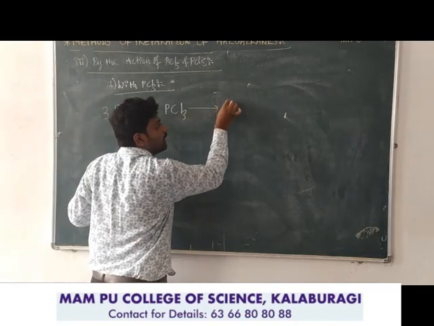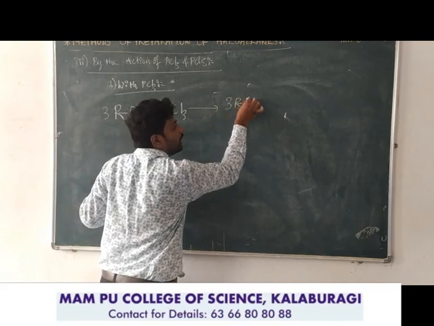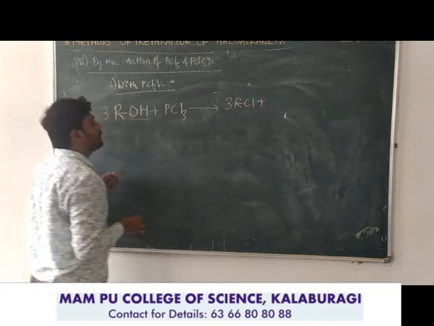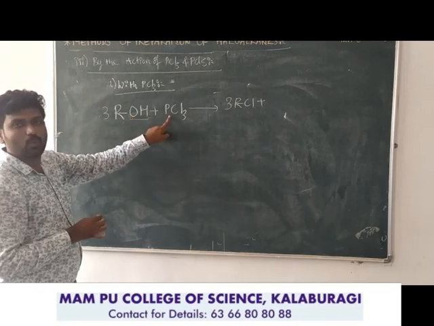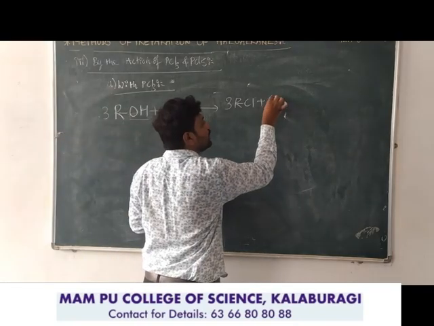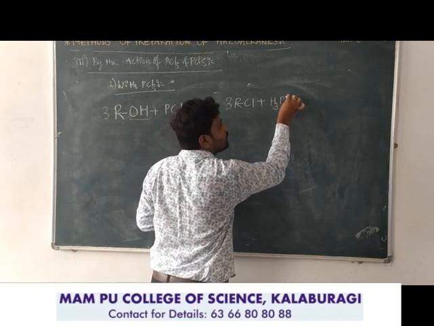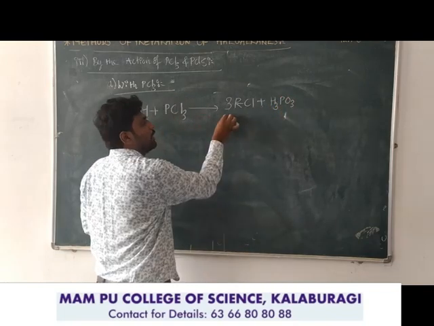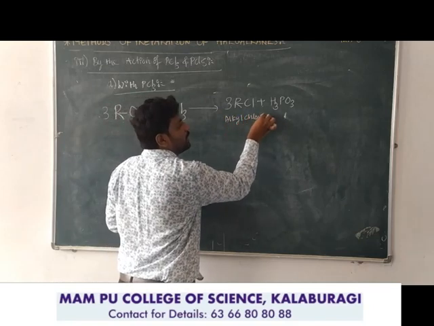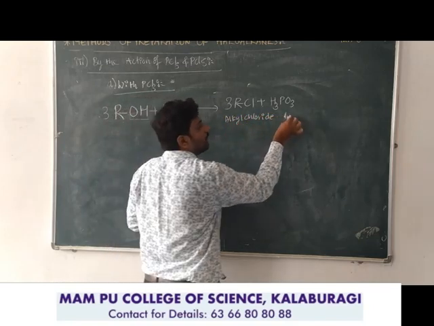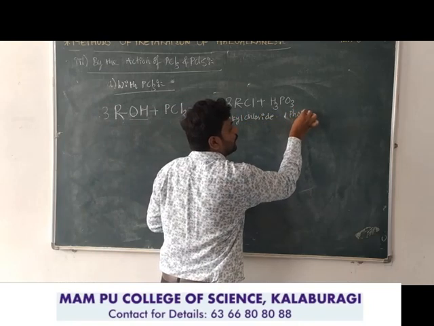And we are getting 3 moles of alkyl chloride, and the remaining 3 hydrogen atoms from here, 3 oxygen atoms from here, and 1 phosphorus from here, together will be converted in the form of H3PO3, that is phosphorus acid byproduct. So this is alkyl chloride, and the byproduct is phosphorus acid.